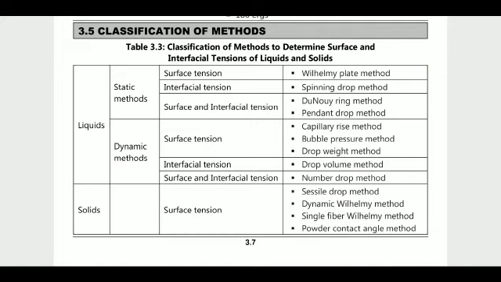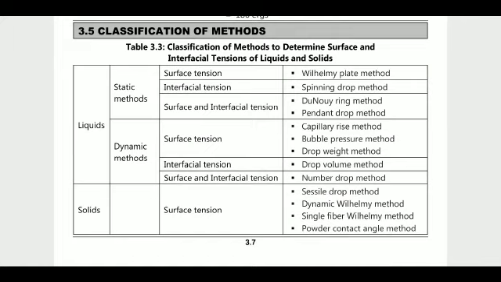For liquids, there are two types of methods that can be used: static methods and dynamic methods. The static methods are the Wilhelmy plate method, used for determination of surface tension; the spinning drop method, for interfacial tension; and the du Noüy ring method and pendant drop method, used for determination of surface and interfacial tension of liquids.